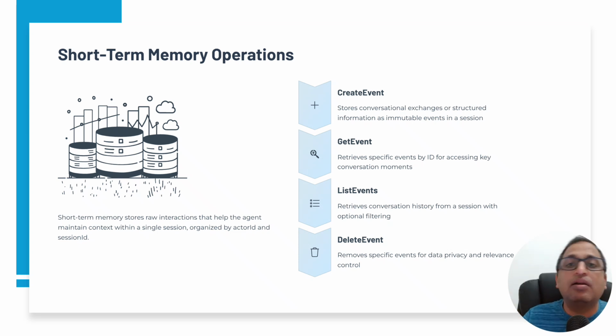And finally, delete event supports privacy and control by removing specific events when they are no longer needed. Together, these APIs make it possible to build agents that are not only responsive but also aware of the context, leading to a more personalized experience for end customers.